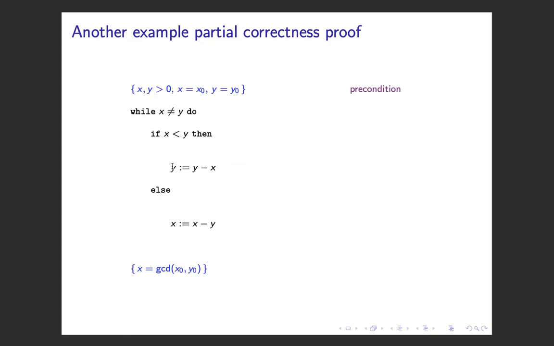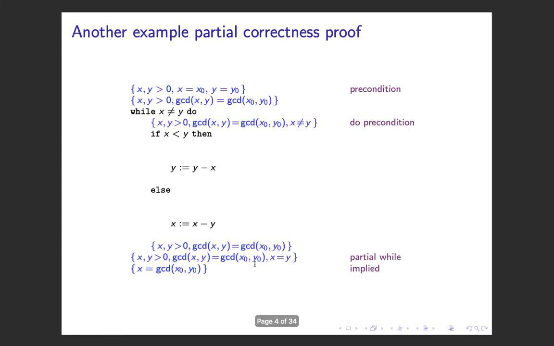Well, what's the appropriate invariant in this case? Well, it's not totally easy to think what it is. So if you want to pause the video and have a think what it is, then you can do that. Otherwise, we'll just step forwards.